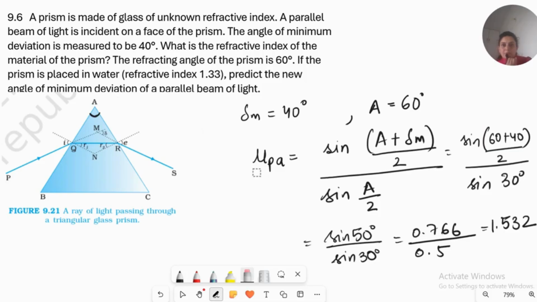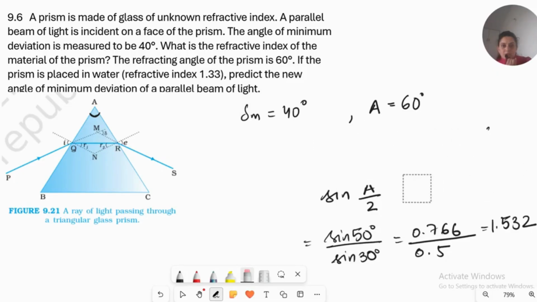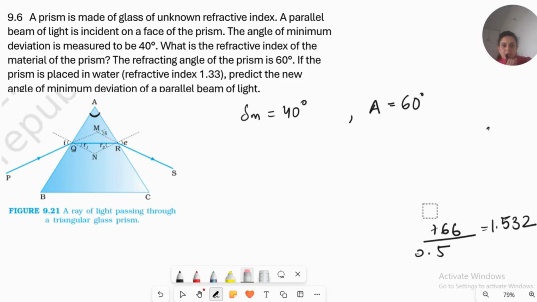So the next question is, what is the refractive index if the prism is placed in water? Now what will happen if we place the prism in water, and what will be the new angle of minimum deviation? So I'll remove this. Now we are not given the angle of minimum deviation.